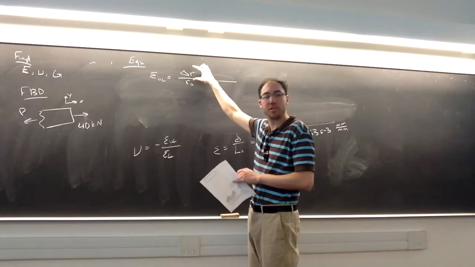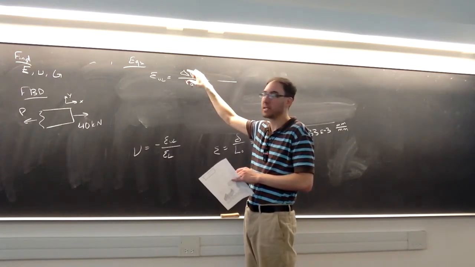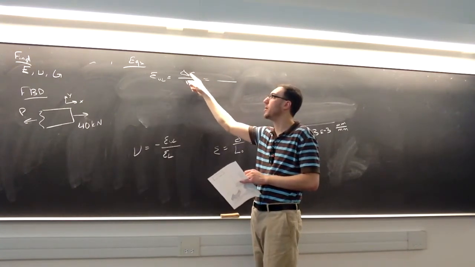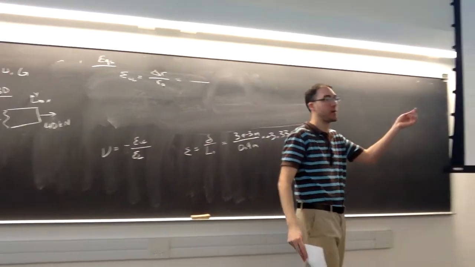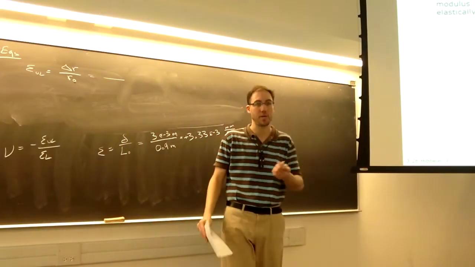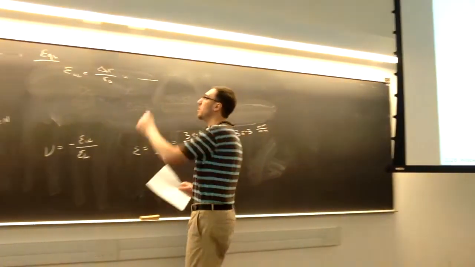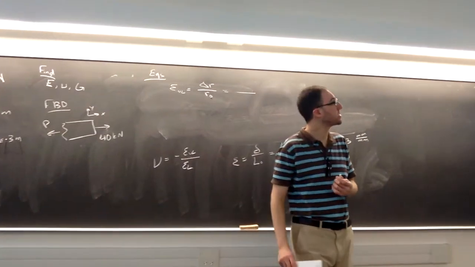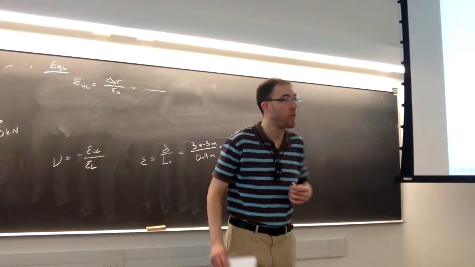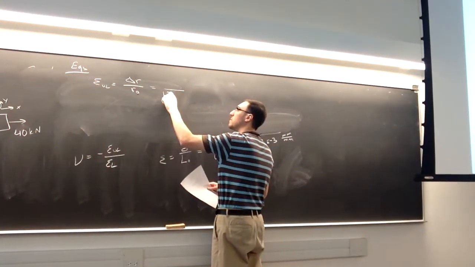I could also do this with the inside radius, but it'll be harder because I don't know the change in the inside radius. It'll be easier to find the change in the outside radius since I know the outer circumference and how that changes. So the denominator will be the original outer radius, which was 12.5 millimeters.